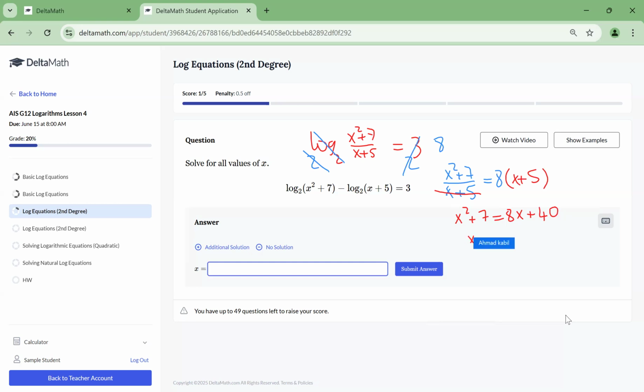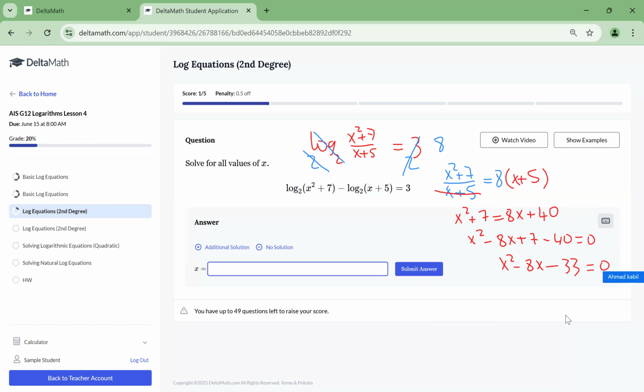We have x squared minus 8x first, and then plus 7 minus 40 equals 0. So x squared minus 8x minus 33, and that is equal to 0.